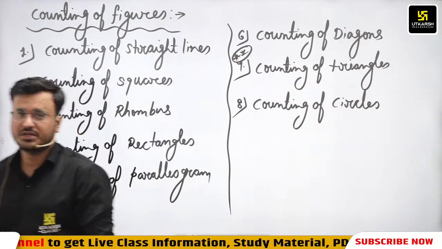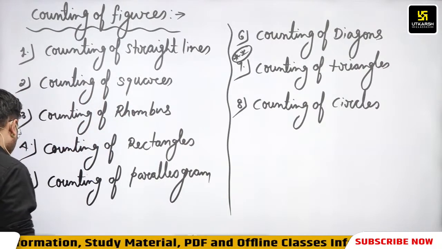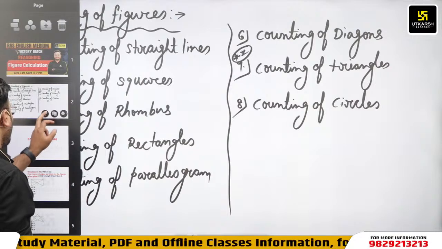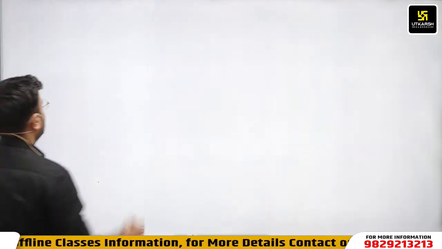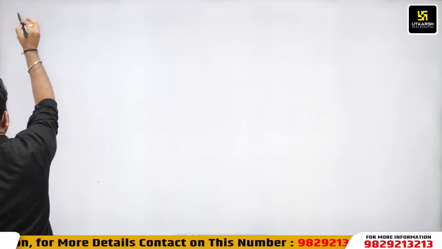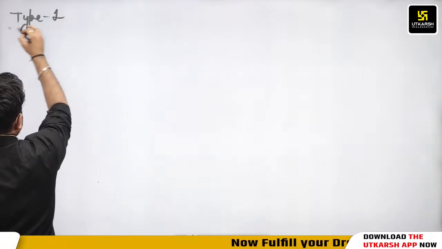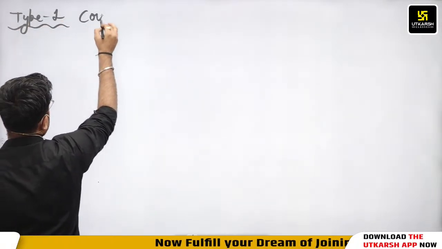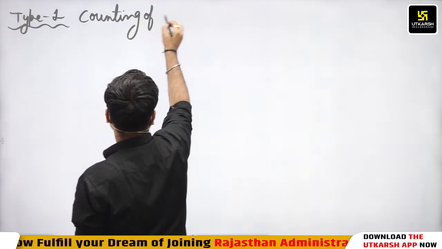And now we are going to start this chapter with counting of straight lines. So the first case, or we can say type one, is counting of straight lines.